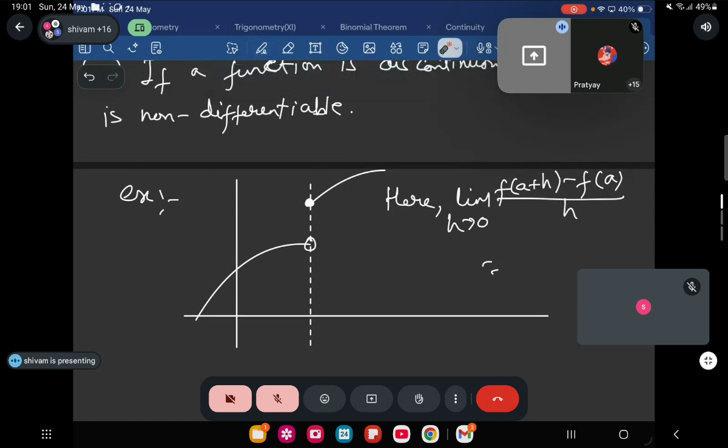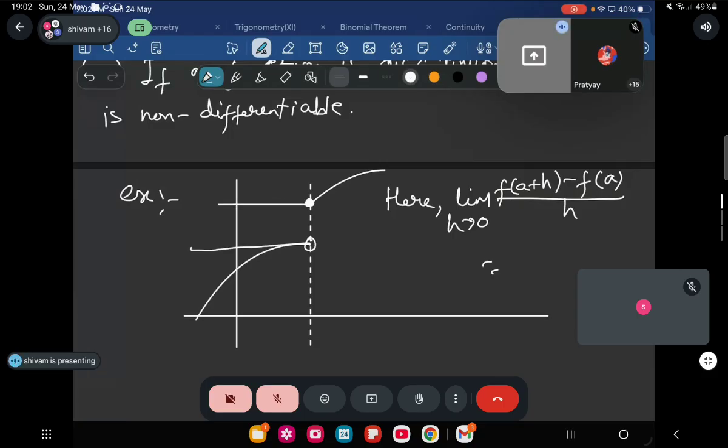Is f of a plus h minus f of a over here 0? No. It is non-zero, right? Because you see, this is f of a plus h for h greater than 0, and this is f of a.